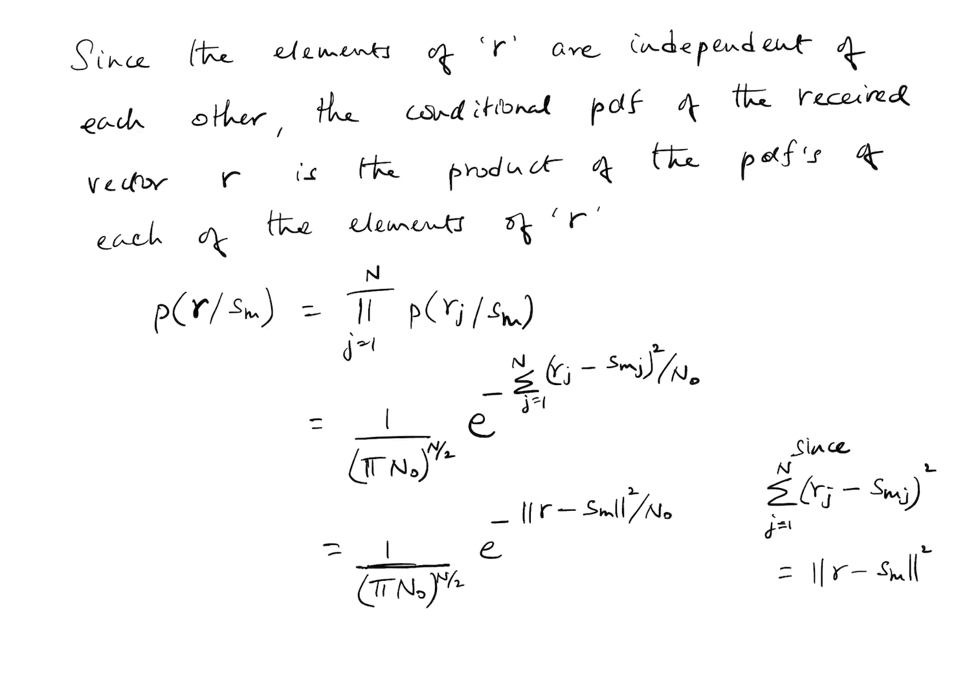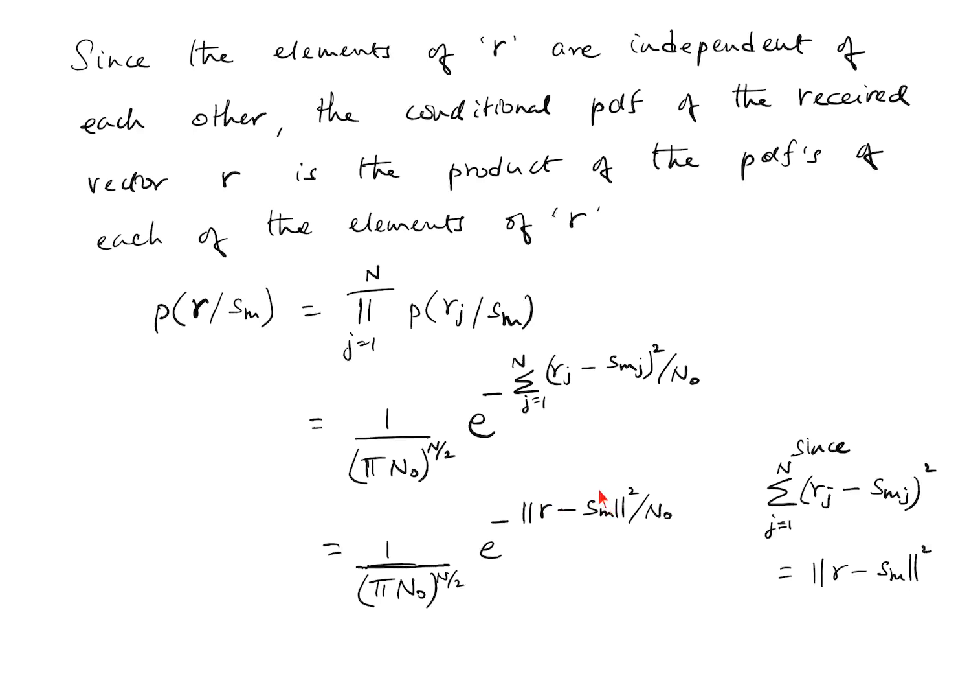This is what we will exploit in the next step of our decision making, which is the detector's functionality, where we will see that in order to minimize the probability of error, we need to choose the transmitted signal which is nearest to the received signal.